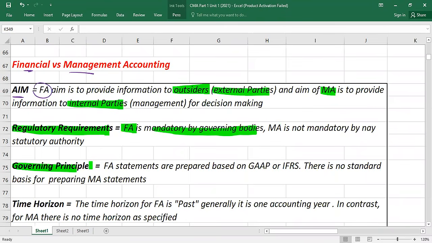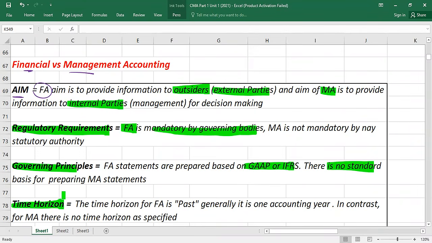When we prepare financial statements, we always follow either GAAP or IFRS under financial accounting. But for management accounting, there are no such standards. Whatever reports management wants, you can modify the reports accordingly. So there are no specific standards.